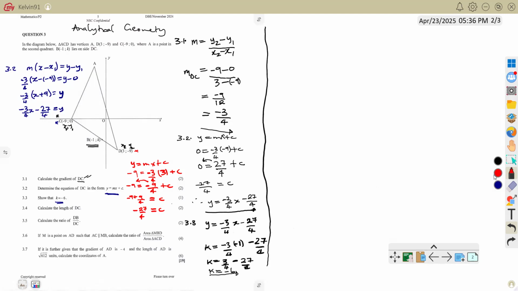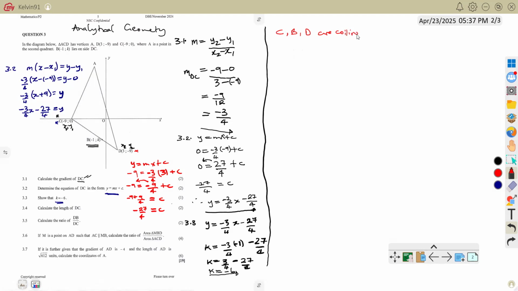We can apply the concept of collinear points. In other words, we know that if points are collinear, it means the gradient between any two of the points will be equal. So in this case, since C, B, and D are collinear, meaning to say they are lying on a straight line.